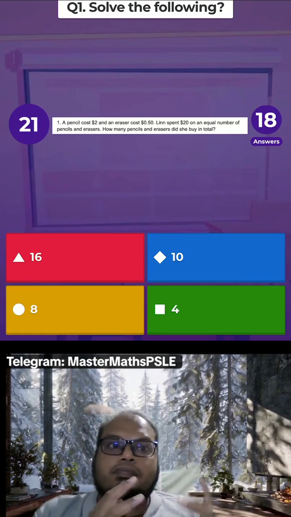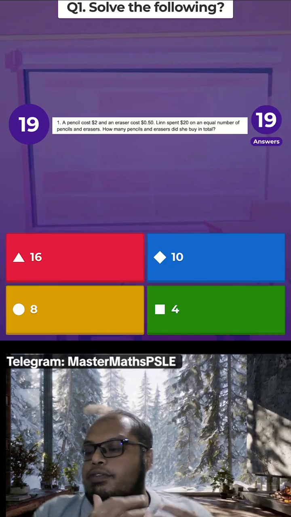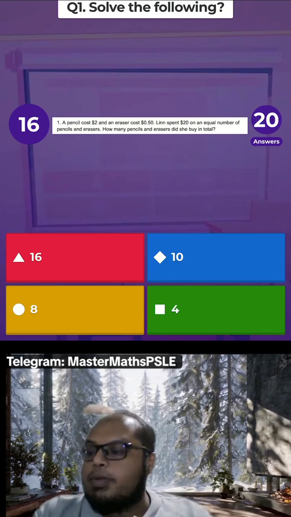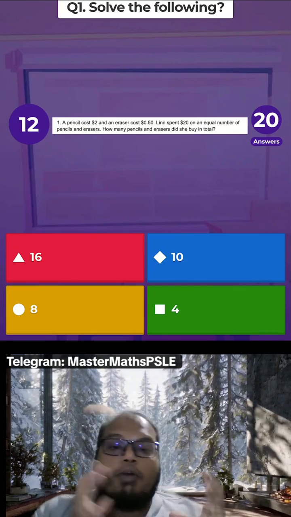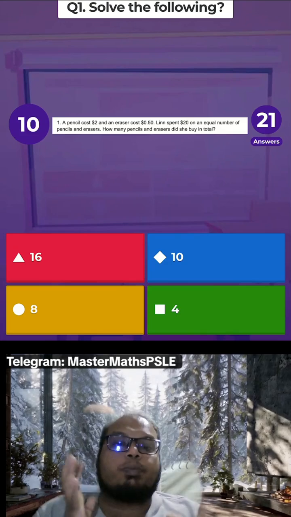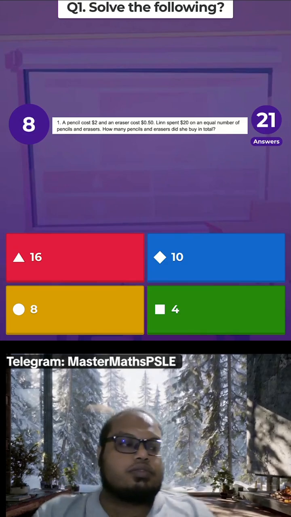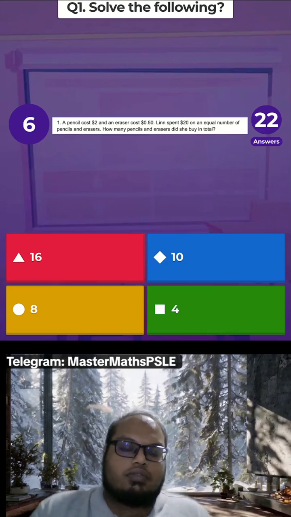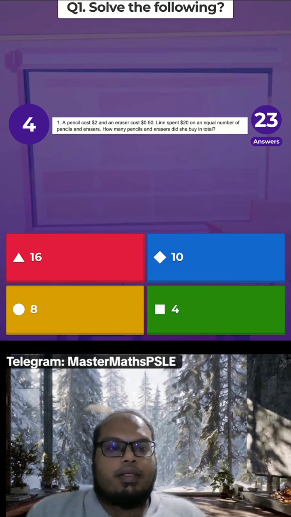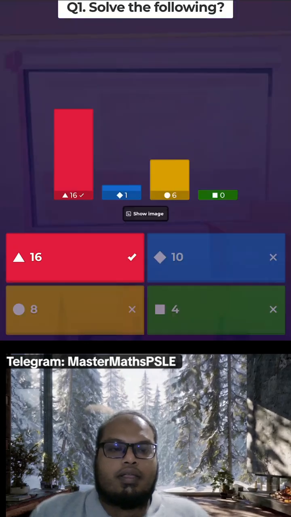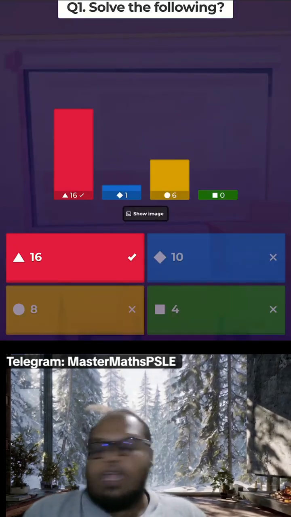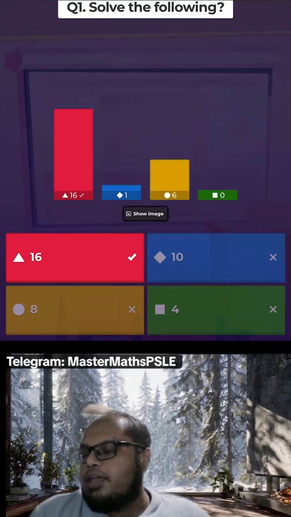So if she bought an equal number of pencils and erasers, how do you form the one set or the one group? Okay, yes, very good. 16, okay.